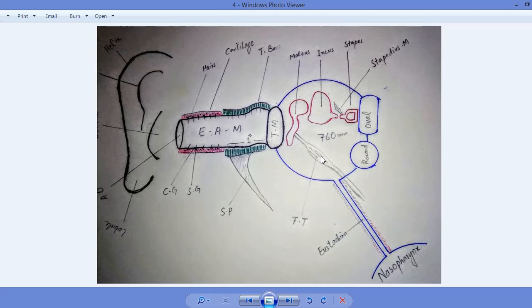That nerve is nerve number 5, the trigeminal nerve. The trigeminal nerve provides innervation to the tensor tympani, while the innervation of the stapedius muscle is provided by nerve number 7, the facial nerve.